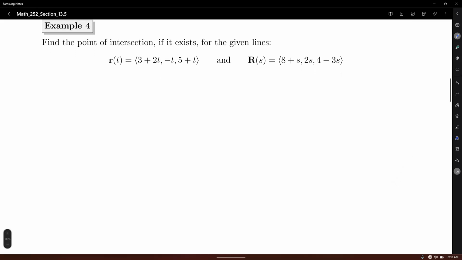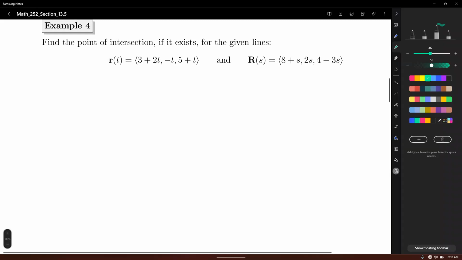So here is the thing. Let me highlight the components with different colors: the x components with the x components, y component with y component, and z component with z component. So this is what we're going to do.